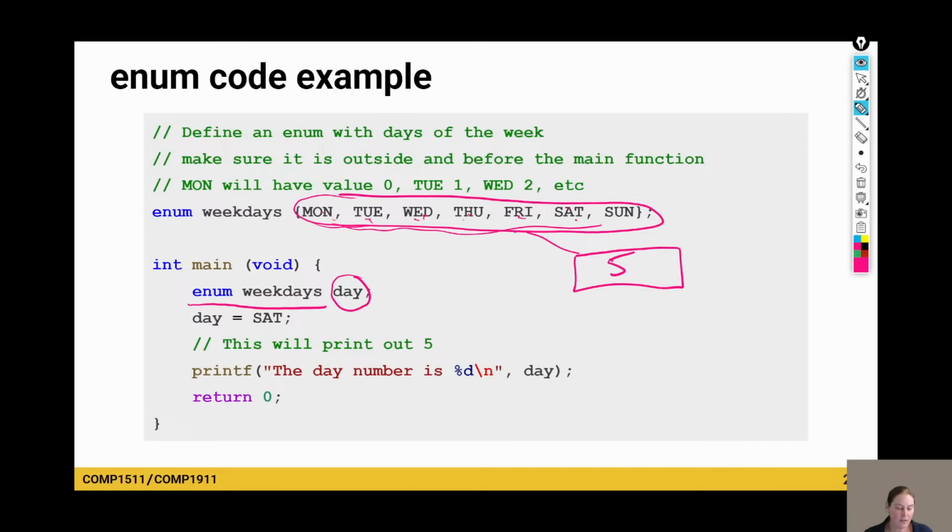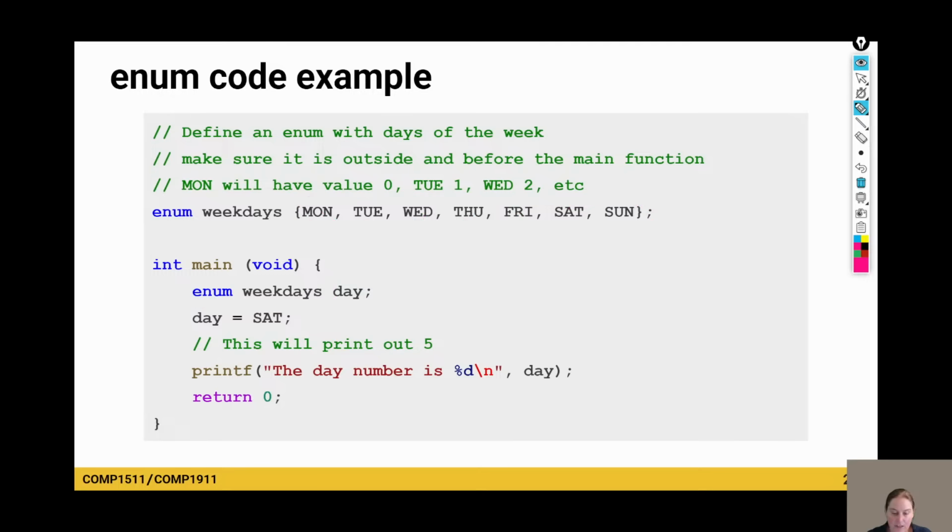So these are the only valid values we should be giving a variable like this, and it's just going to store one thing. Whereas structs can store a collection of different things. Now, unfortunately, we say day equals sat, and that's all beautiful.